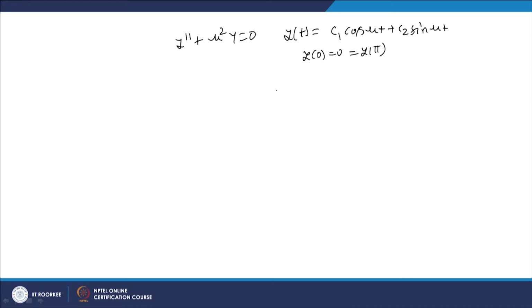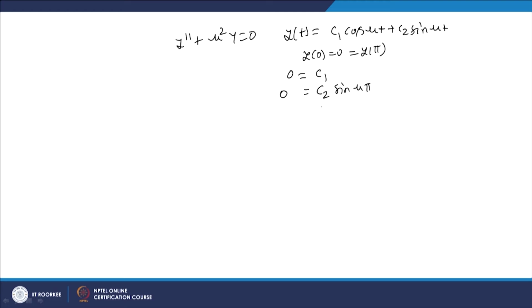When you put y of 0 equal to 0, we have c1 coming out to be 0. Now when we put y(pi) equal to 0, we have 0 equal to c2 sin of mu pi.